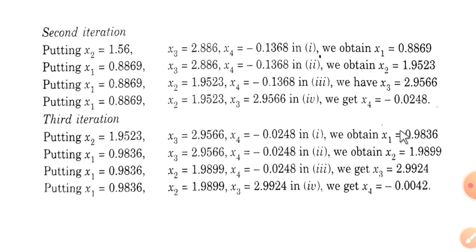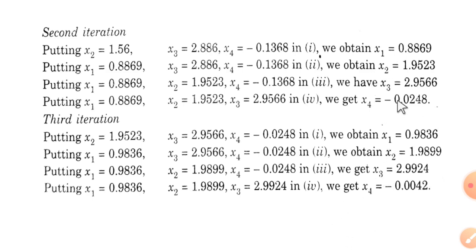Substituting that, you get x1 as 0.9836. In the next equation, you are putting x1 as 0.9836, x3 as 2.9566 and x4 as minus 0.0248. Hence we can get the value of x2. Similarly, you can find the values of x3 and x4.